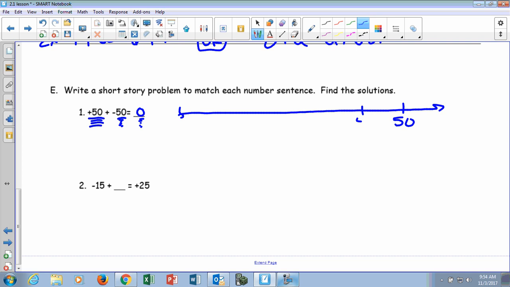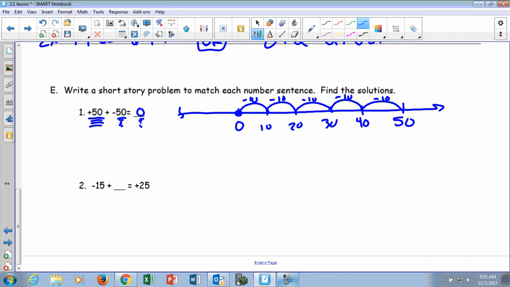So if I go by tens, I know that's minus 10. There's another minus 10, so I'm at 20 now. It's minus 40. And then there's 10, 20, 30, 40, 50. So there's your minus 50, and then our answer being 0.